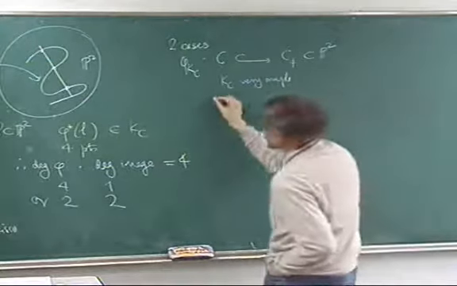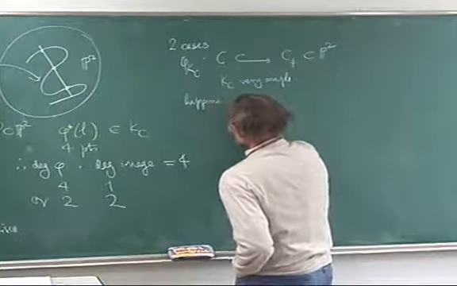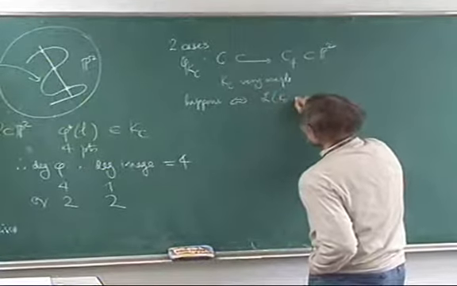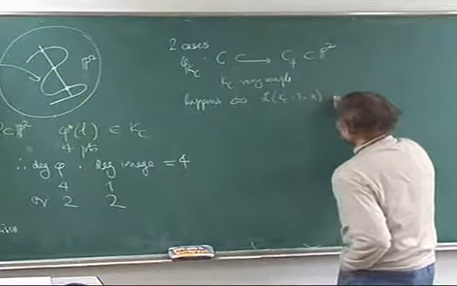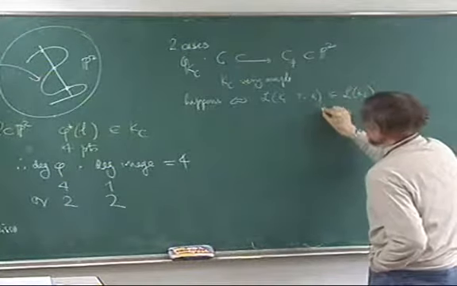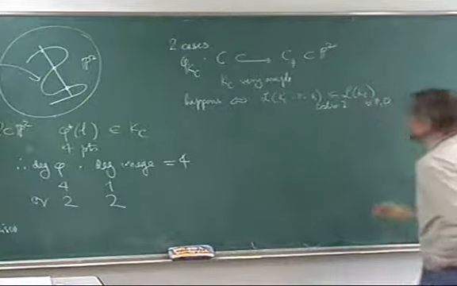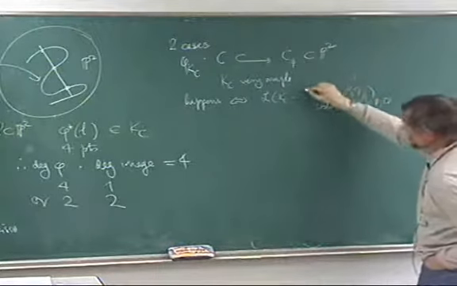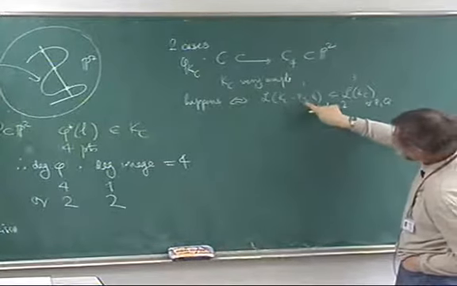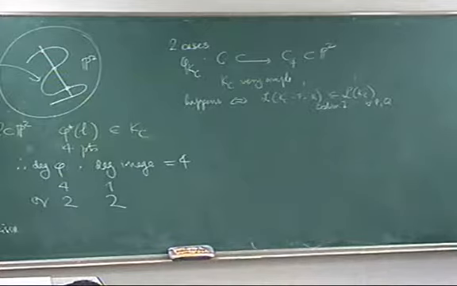And this happens if and only if L of Kc minus P minus Q contained in L of Kc has codimension 2 for all P, Q. Right, so this guy is three-dimensional. It means if and only if, for every pair of points P and Q, they impose linearly independent conditions on sections of Kc.